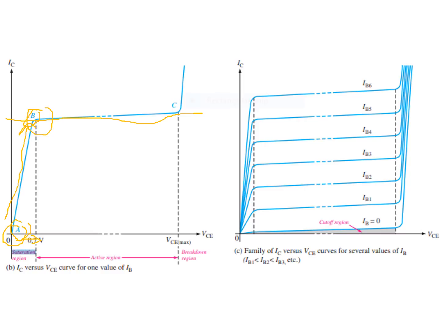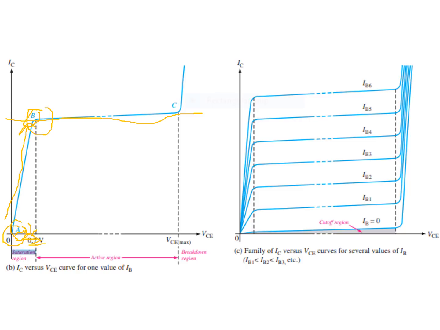IC increases as VCC increases because VCE remains less than 0.7 V. As long as VCE is less than 0.7, IC still increases. This is due to the forward biased base-collector junction.